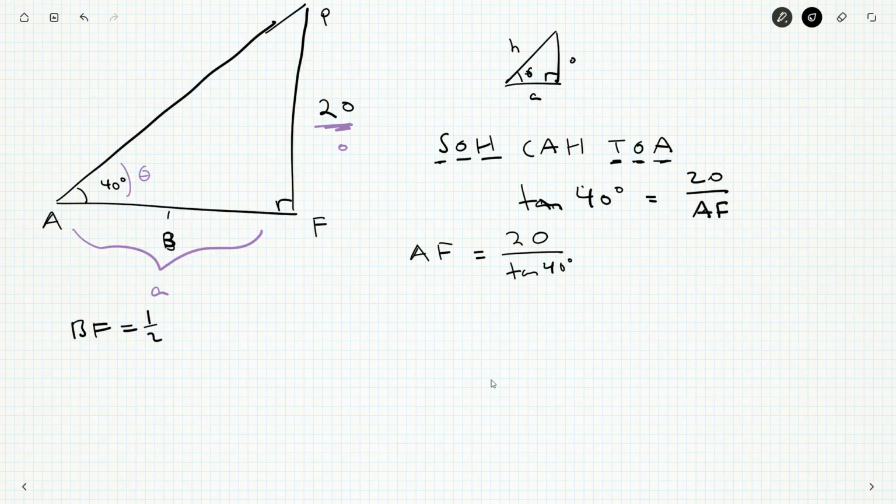Now I know BF is 1/2 of AF. So just divide by 2 on the top. We get 10 over tan 40. Okay. Now, you could have gotten your calculator out and simplified at this stage. I recommend you don't start getting decimal expansions and using those until you're at the very end of the question.